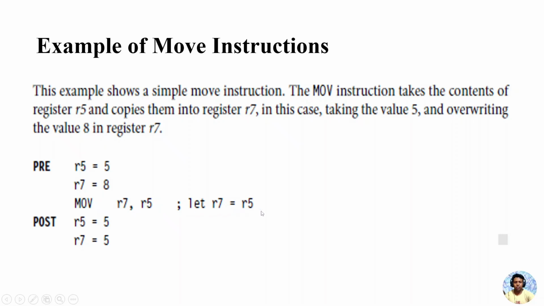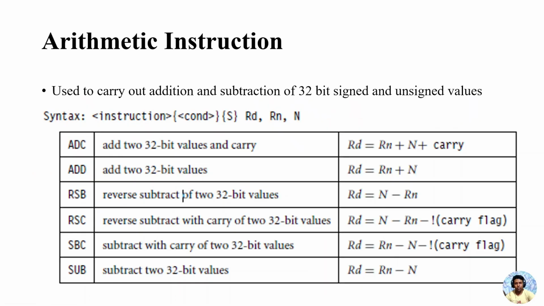Let R7 equal R5. In the post, R5 holds 5, R7 holds 5. There is no change in the R5 value, it remains the same. The R7 value is changed after the execution of the instruction.